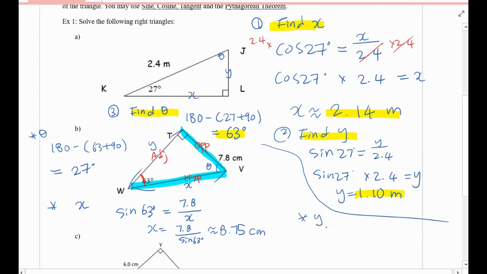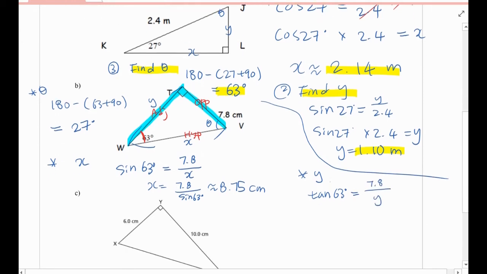Next, we're going to find y. For y, you have to use adjacent and opposite. That is OA, TOA, tangent. Tangent 63 is opposite 7.8 over adjacent, which is y. So let's switch it. Y equals 7.8 over tangent 63.